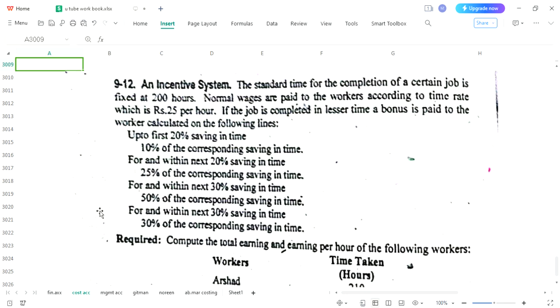Now you can see that a standard time is already presented in the question, and it is fixed at 200 hours. Normal payment of 25 per hour is also given. So we are not going to calculate any standard ourselves, as the standard has already been presented: 200 hours.